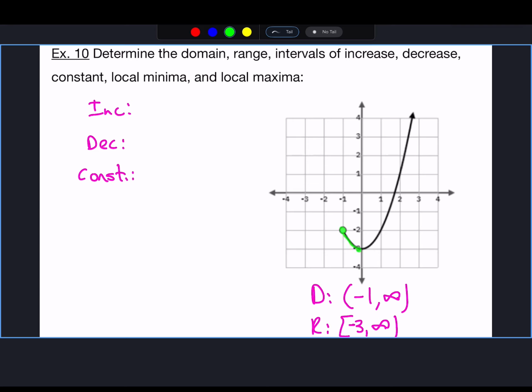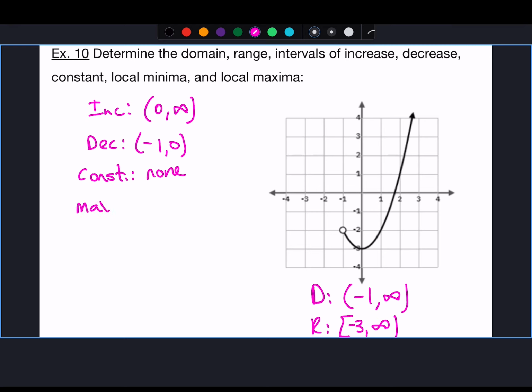To 0. What are we doing? -1 to 0, we're decreasing. And then we jump back on at 0. What do we do as we go to the right? We're increasing to infinity, right? So 0 to infinity. Do we have any intervals where we're constant? No. Do we have any maxima?